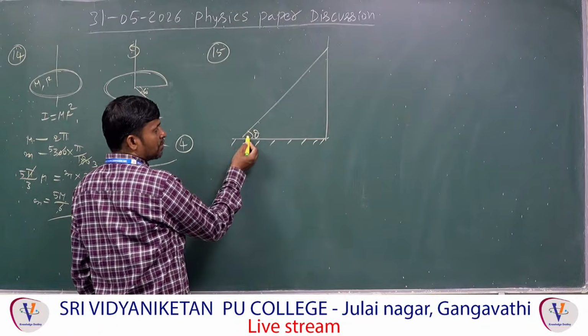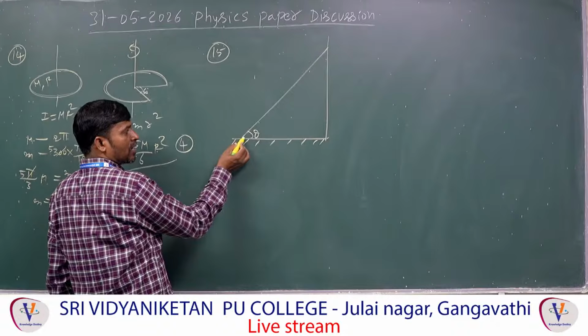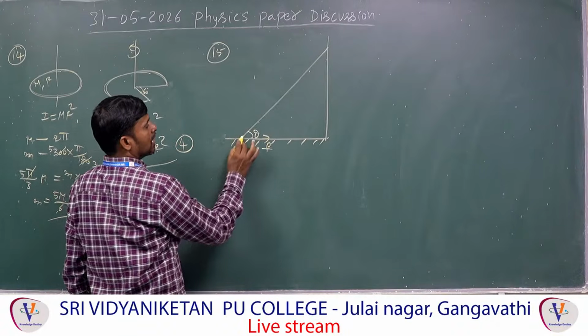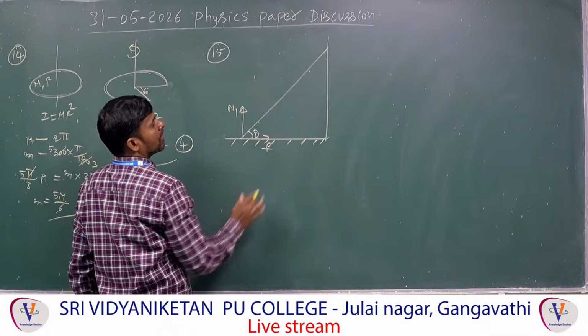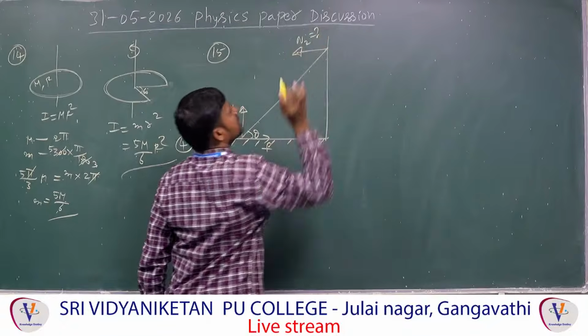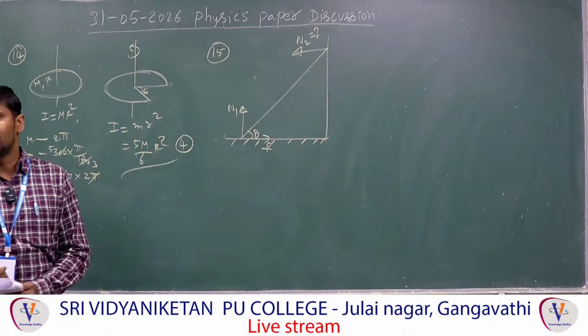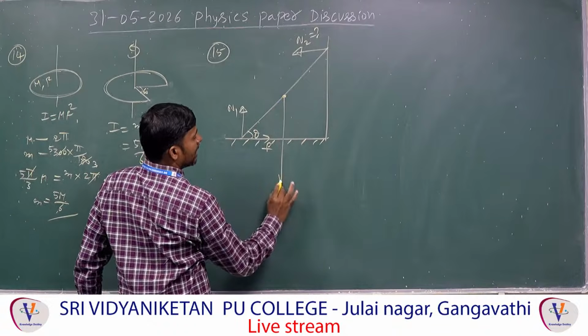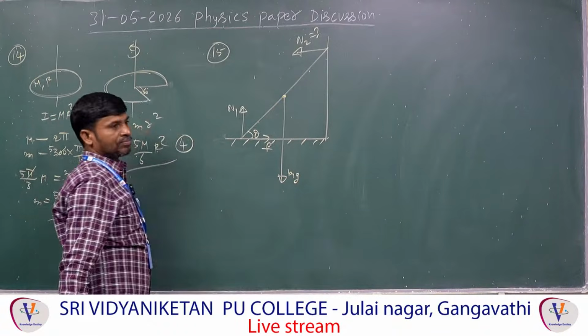For example, this one is slipping forward, so the frictional force is acting this way. The normal reaction on the floor is N1. The wall is exerting N2, and it is asking only for the N2 value. Already we know that the body weight mg is acting downward.